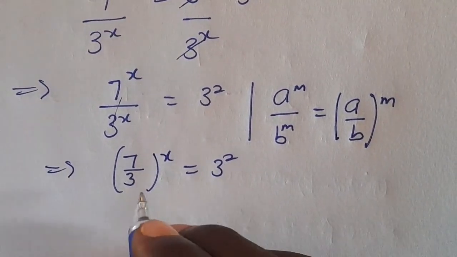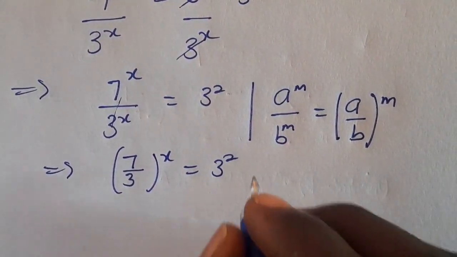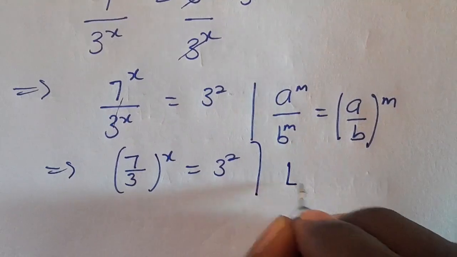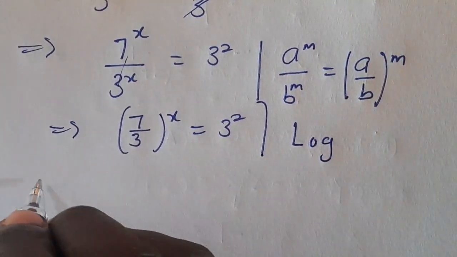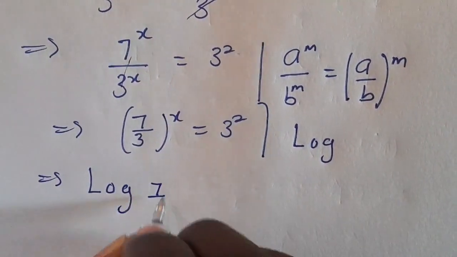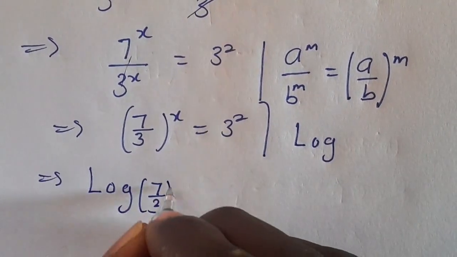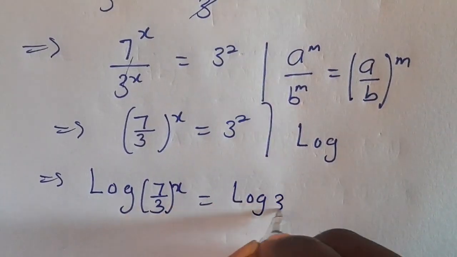Again, let us introduce something reasonable. When you have something of this, we want to apply log. By applying log to both sides, we have log of 7 divided by 3 all to the power of x equals log 3 to the power of 2.